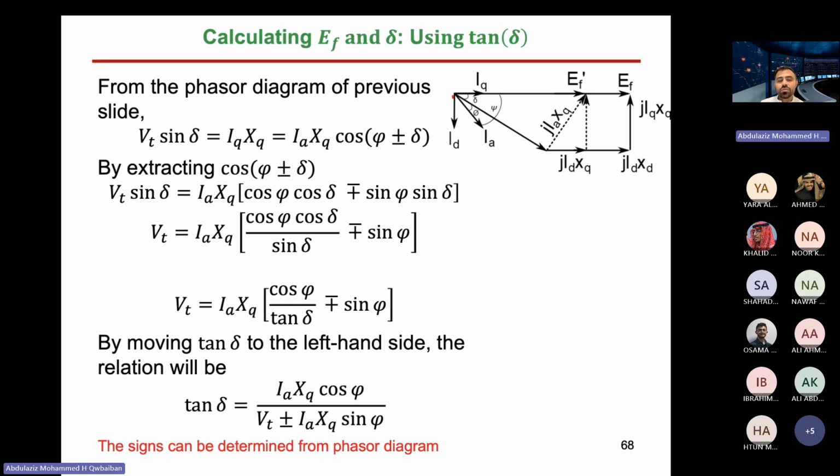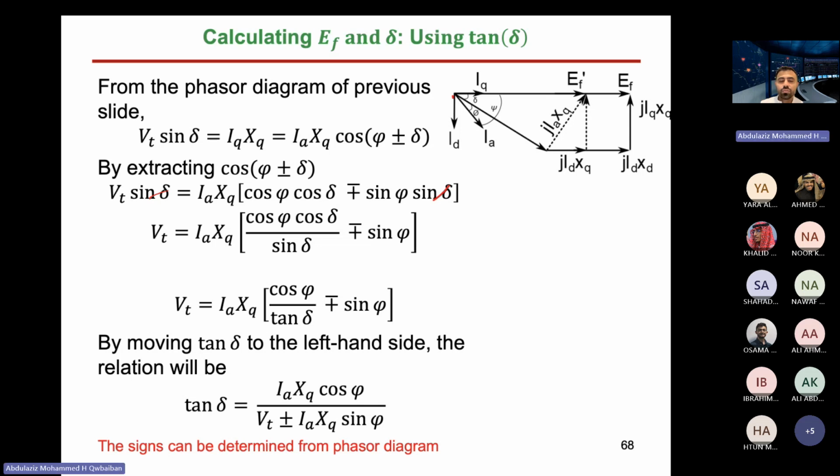Then you will have VT equal to IA XQ cosine over sine, minus plus. This sine delta would cancel with this sine delta. You will have this nice term. And what are you looking to find? You're looking to find this delta. So cosine over sine is 1 over tan.